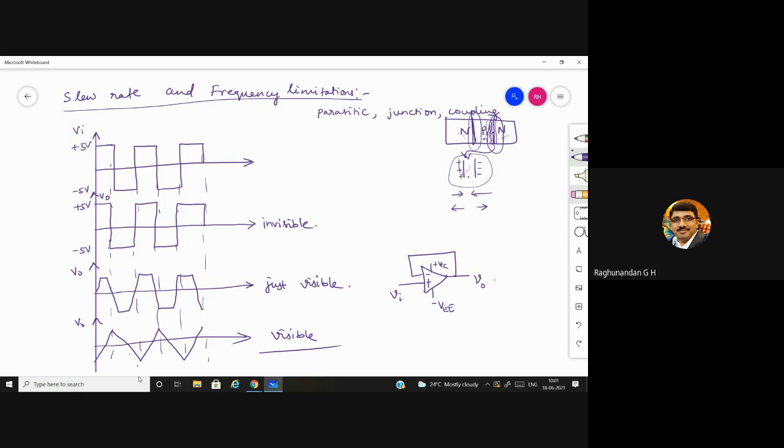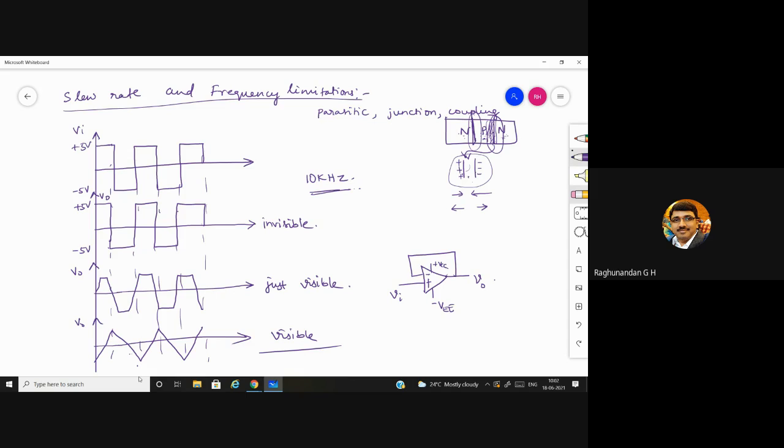Now, till what level can you have a proper output without having any slew rate problem? Approximately you can have till 10 kilohertz, we can get an invisible slew rate. That means till 10 kilohertz frequency of the input, the output will not change its shape. But when you increase the frequency, the output cannot instantly change with respect to the input.